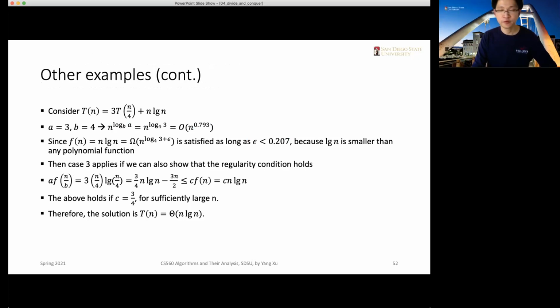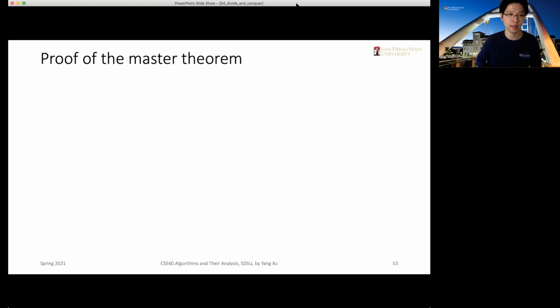And many of you may be wondering why we can use such a method. Why can we compare f of n with some polynomial function, which is n to the power of logarithm base b of a? So what does this quantity mean? So now we can look at the way we prove the Master Theorem.